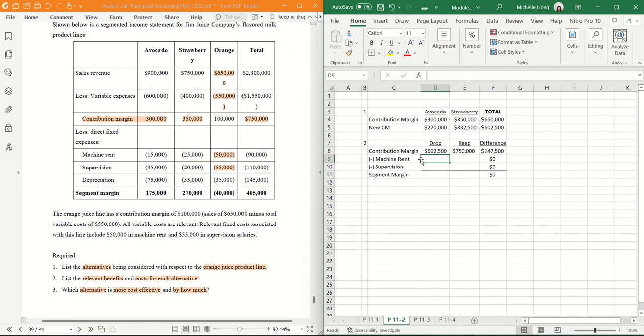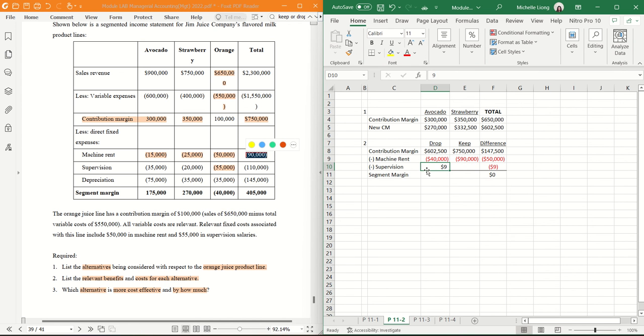Continue. Machine rent, if you drop it, it will be 15 plus 25. If you keep it, it will be 90,000, so minus 90.